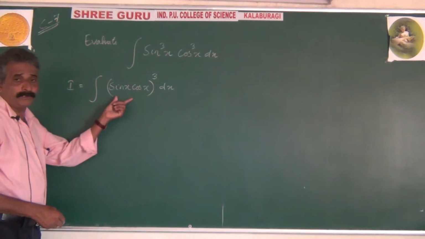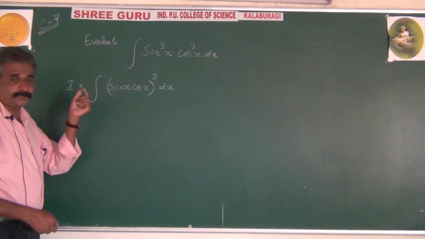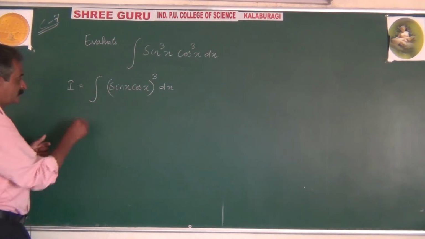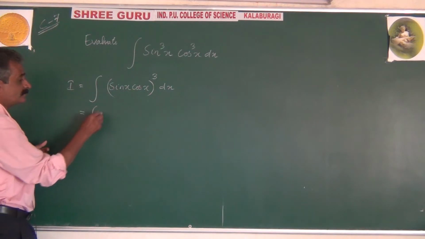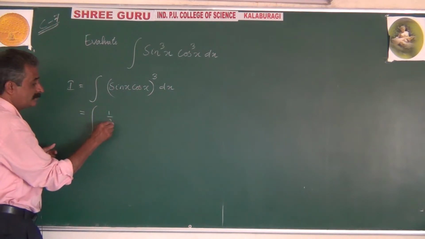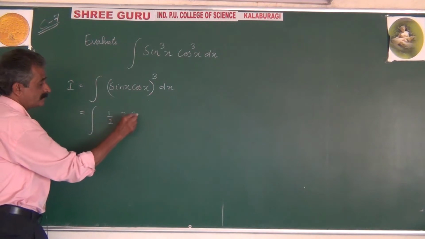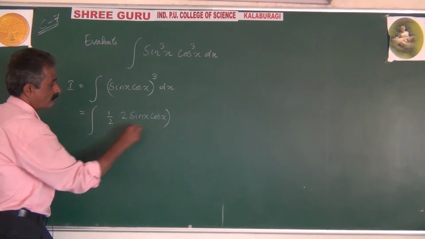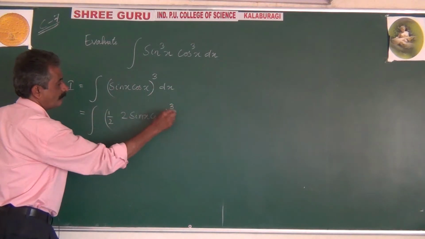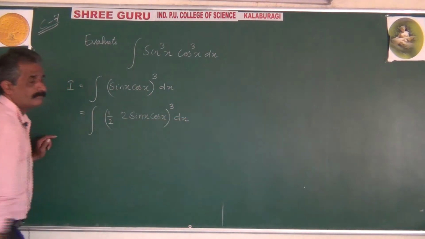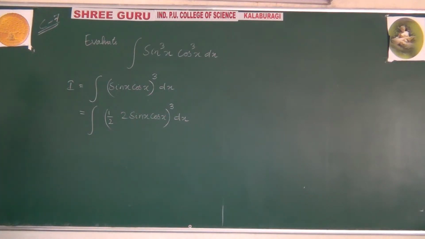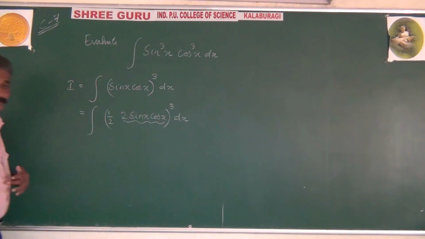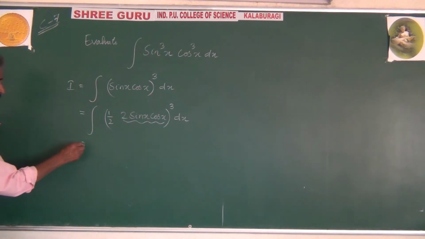Let's make the sin 2x formula. Sin 2x formula is 2 sin x into cos x, so we shall multiply and divide by 2 within the bracket. That is equal to integration 1 by 2 into 2 sin x cos x whole cube. Now 2 sin x cos x leads to the result sin 2x.